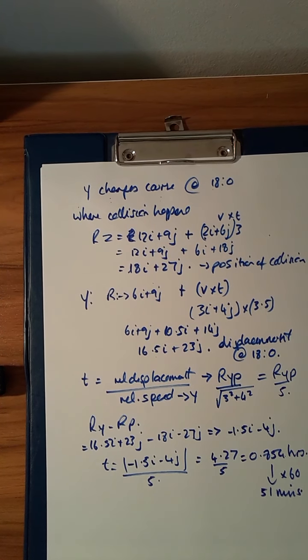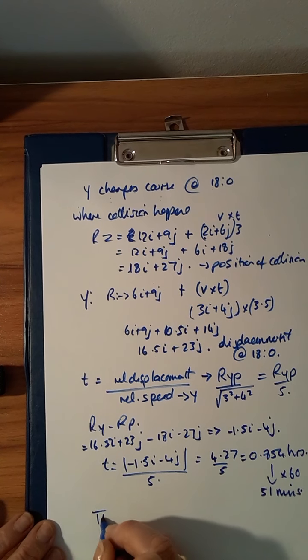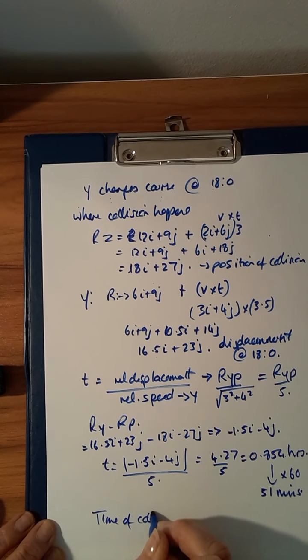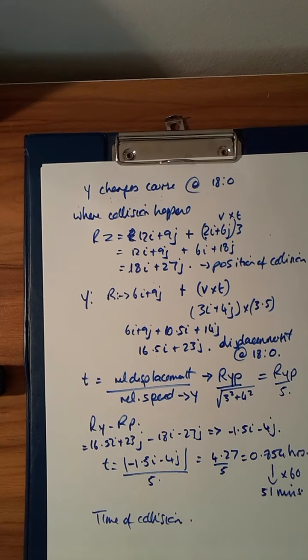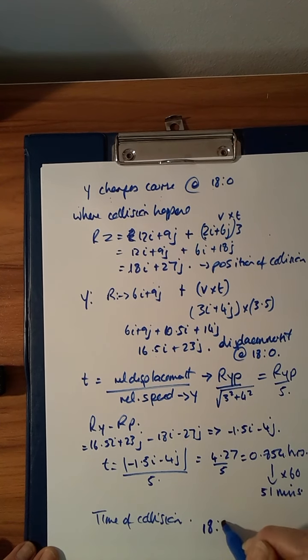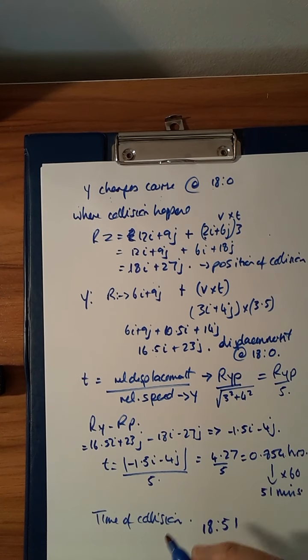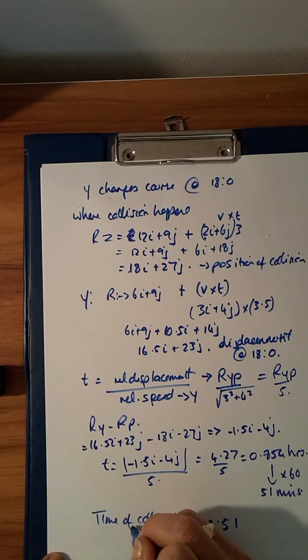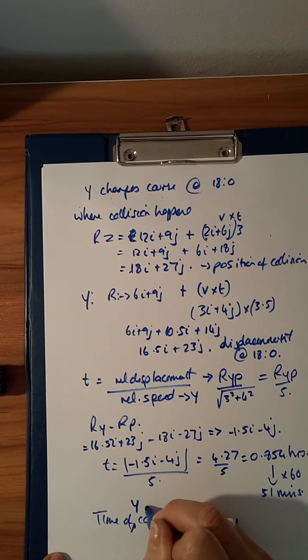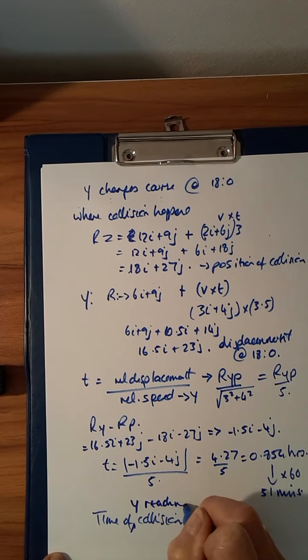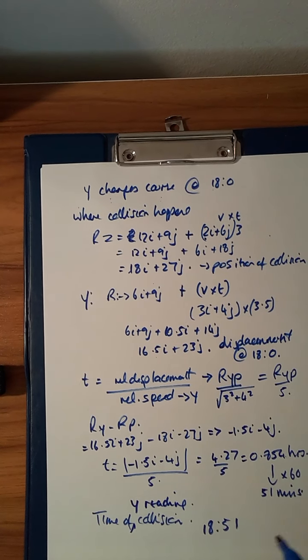So find the time. Sorry, not the time of collision, the time of Y reaching the collision position will be 1851, because this all started from 6 o'clock.